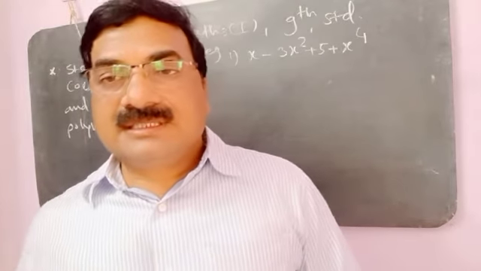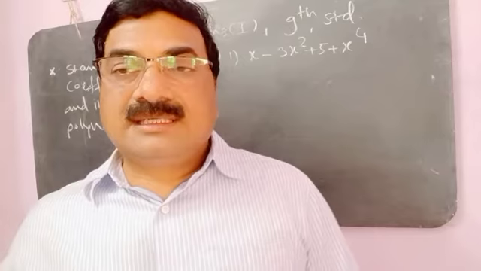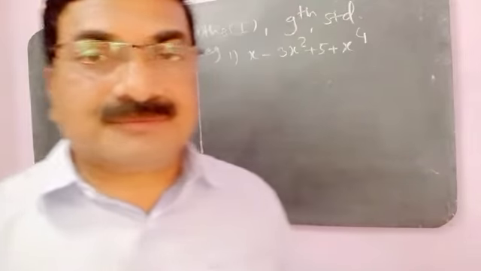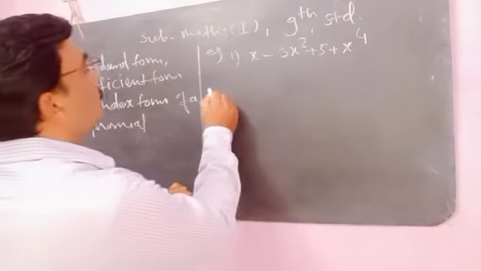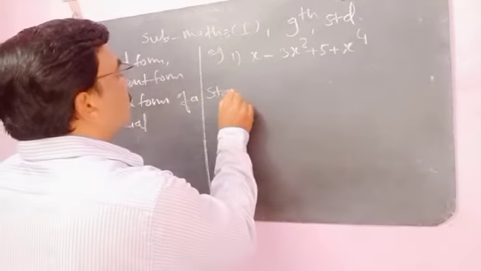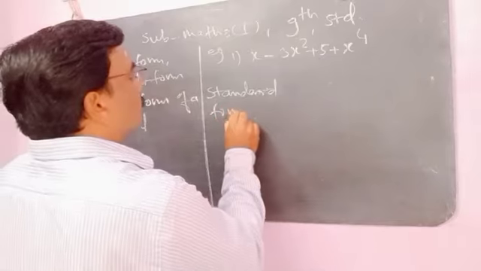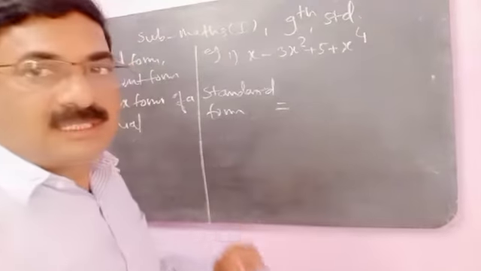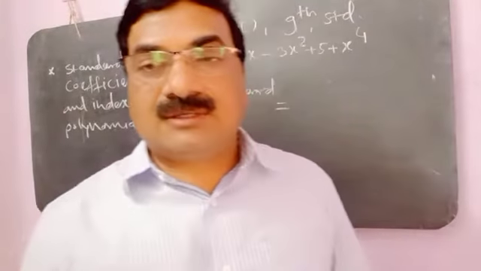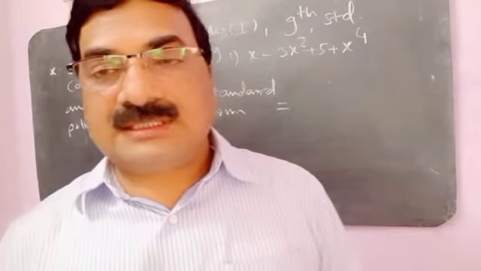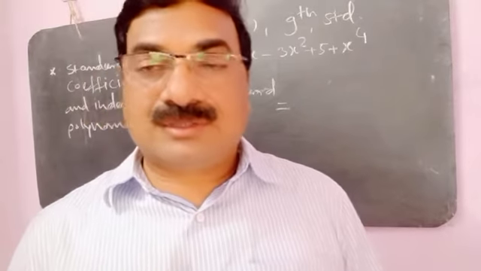That is, consecutively the degrees are in decreasing order. That is the standard form, the polynomial arranged in the decreasing order of their degrees or powers.